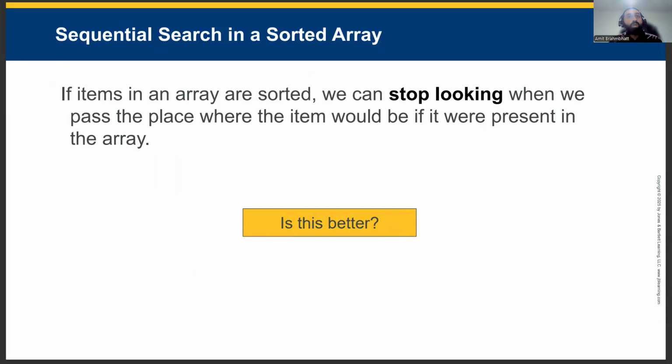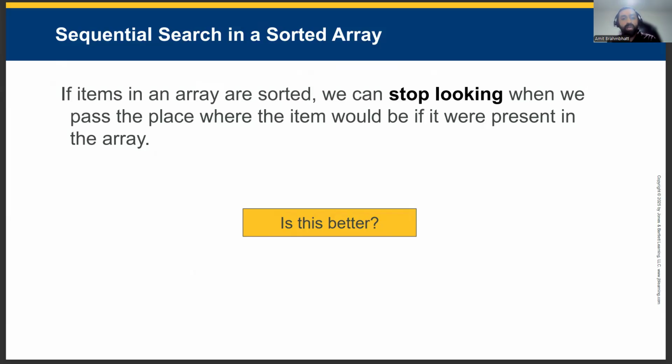Sequential search in a sorted array. Here we understand how sequential search behaves differently when the array is sorted. Unlike an unsorted array search, where every element must be checked, a sorted array allows the algorithm to stop early.